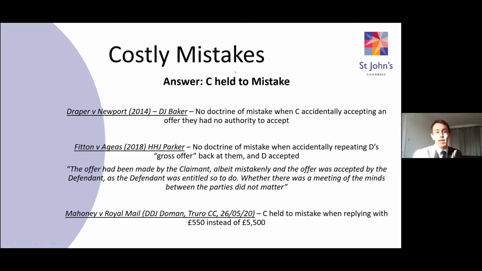Again, the court holds the claimant to their mistake, saying it doesn't matter that you didn't mean it. Now, that probably raises some eyebrows or causes hearts to leap up into throats, because we've all, I'm sure, been in the situation where we hope that we haven't put an extra zero, or in fact one too few zeros on the end of any figures.